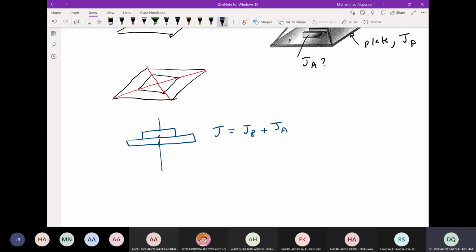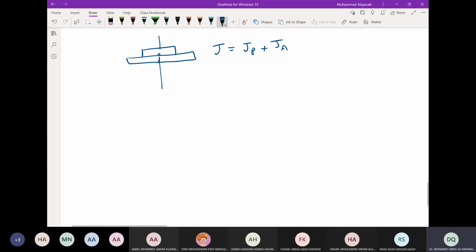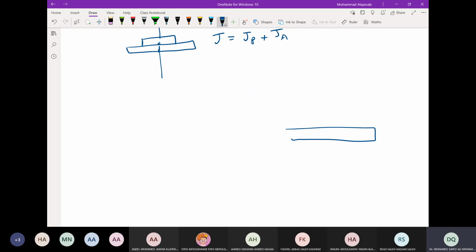Okay, the way the object is added on the plate, it means that the moments of inertia are simply added. It's like adding mass over mass. It depends on whether we need to use the parallel axis theorem or not. Suppose we have a plate here and the object is placed here.